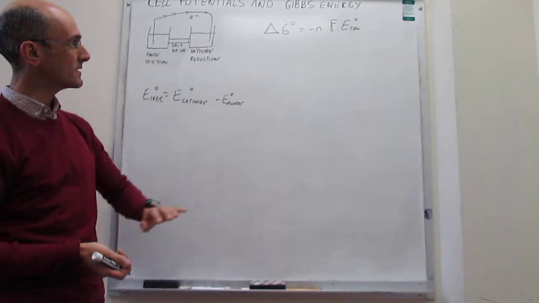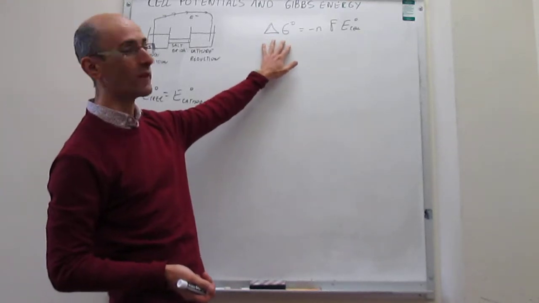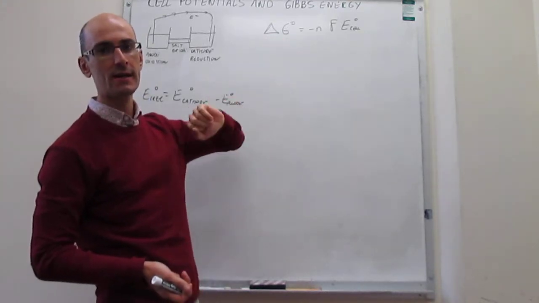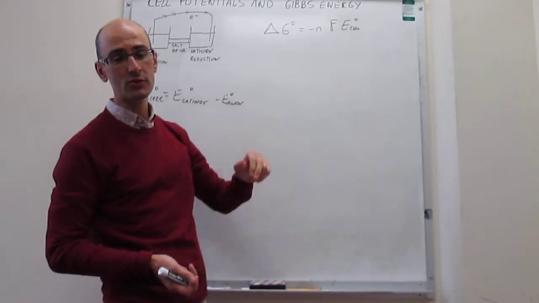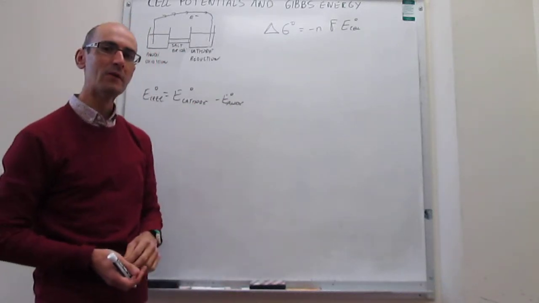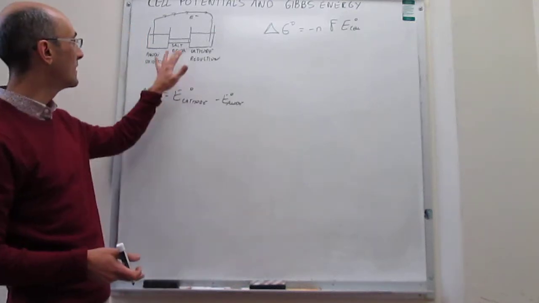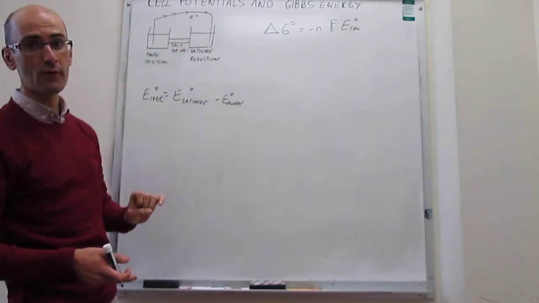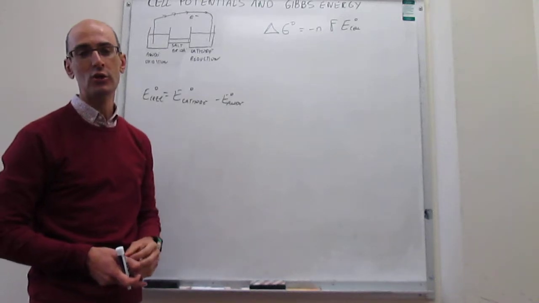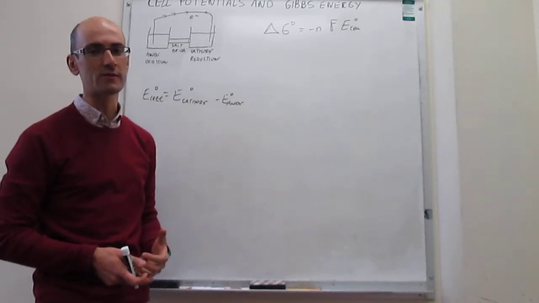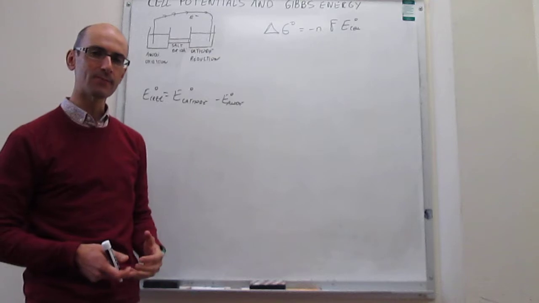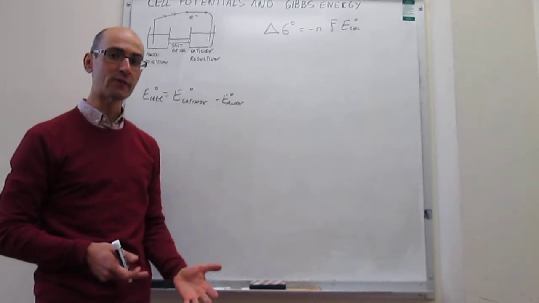This is nice because we can calculate whether the reaction will be spontaneous or not under standard conditions, but it's also limiting because we're constrained to standard conditions. That would mean that in your electrochemical cell, solute concentrations need to be at 1 molar, and gases need to be at 1 atmosphere of pressure.